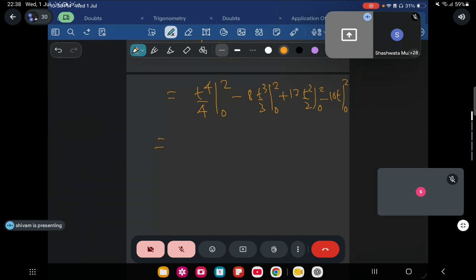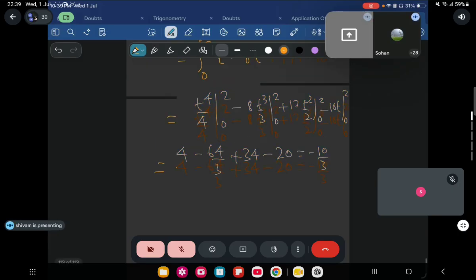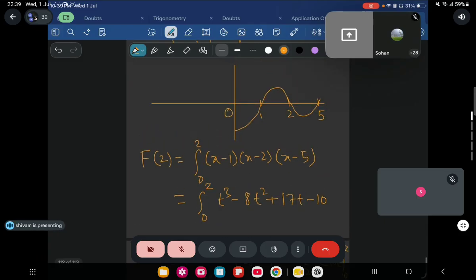Let's see. This will give us 16 by 4, so 4. 4 minus 64 by 3. Then 4 by 2, so 2. So plus 34 minus 20. This will give us minus 10 by 3.